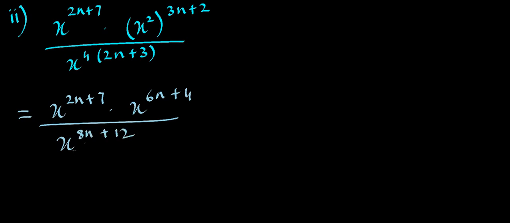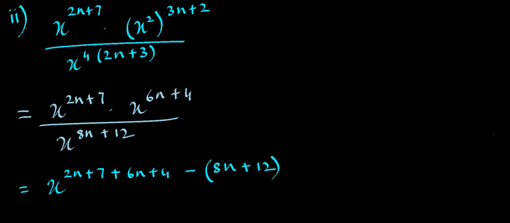Now we have three common x's. So you can actually add and subtract their powers simultaneously. So we say that is equal to x raised to 2n plus 7 plus 6n plus 4 minus 8n plus 12.